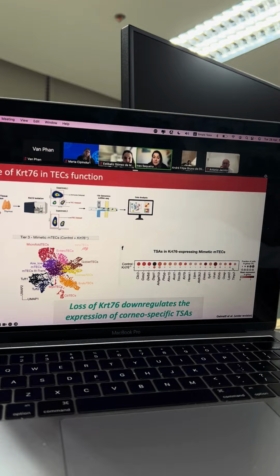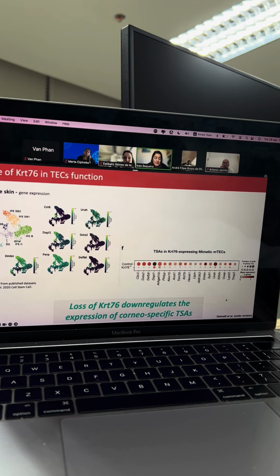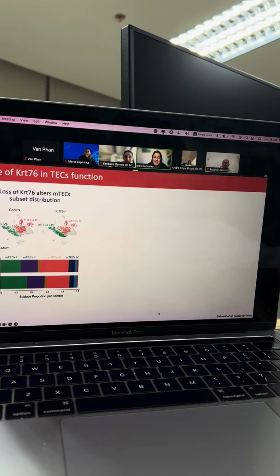They are not expressed in the thymic epithelial cells. And you can see that all these markers are expressed in the mouse skin as well as in the human skin. So by losing keratin 76, we lose the expression of corneocyte-specific TSAs.